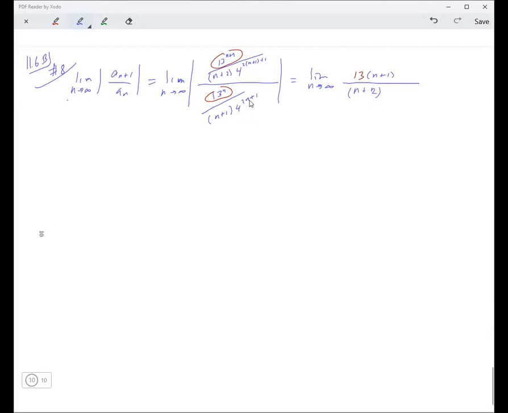Now this goes to the top also. So that's 4 to the 2n plus 1. This right here, if you distribute the 2, you get 2n plus 3. So that's this part right here.